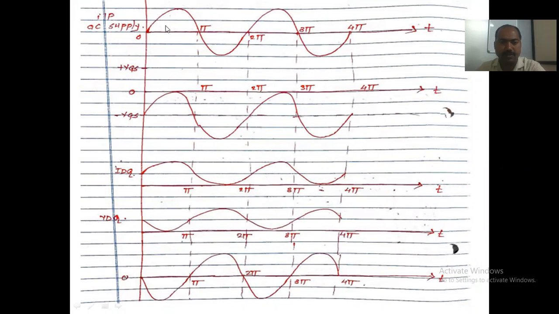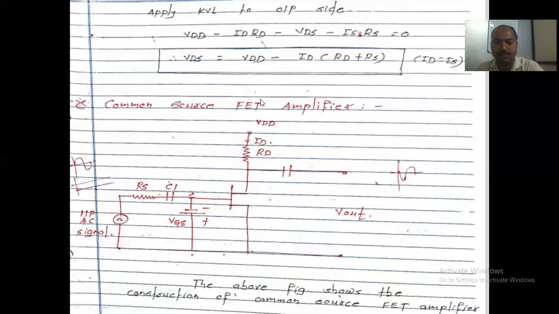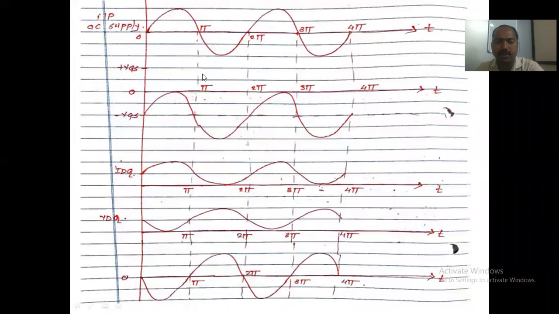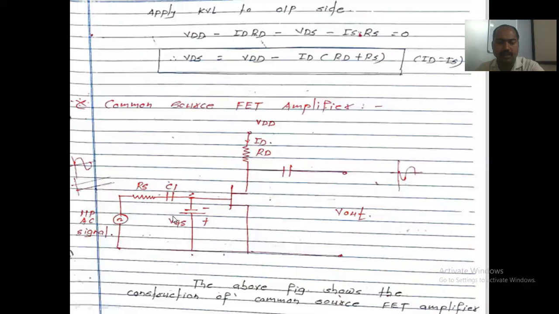For that diagram, this is the input AC supply, right? Input AC supply indicates that we have applied a sine wave to this configuration. Now VGS indicates that a negative voltage is applied, a minus voltage across your field effect transistor.